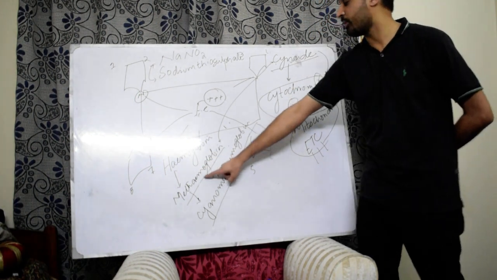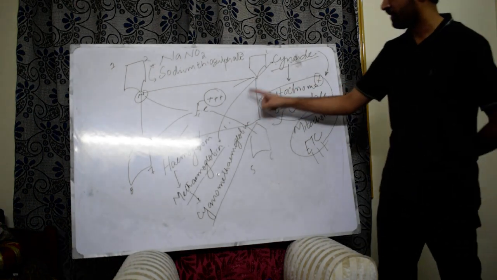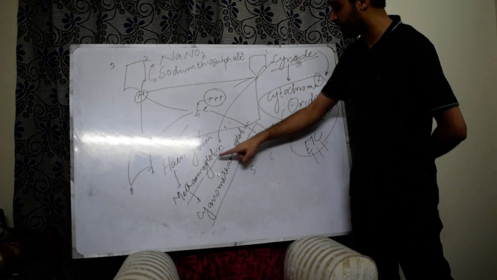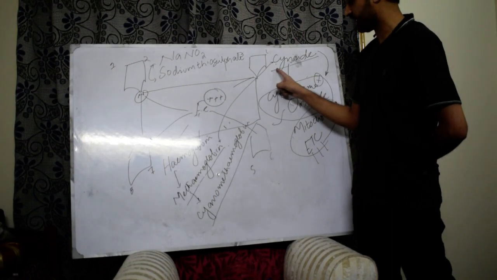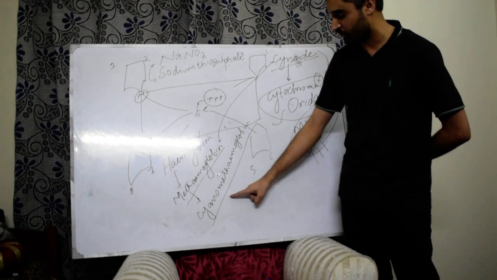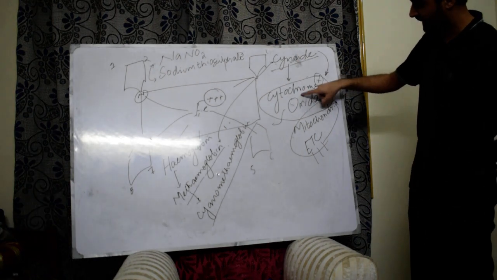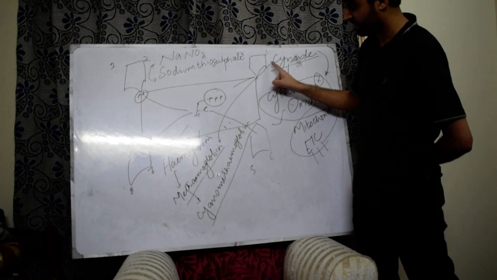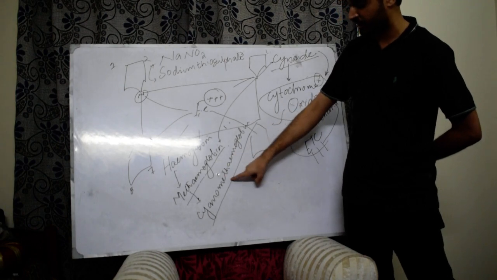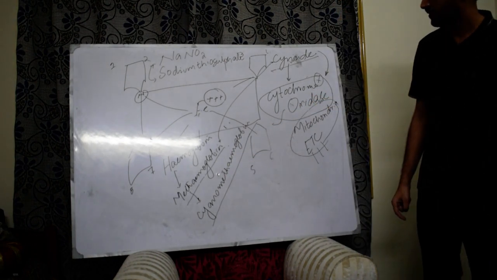What is methemoglobin? Methemoglobin is stopping the effect of the cyanide. It gets attached to cyanide and you get cyanomethemoglobin, and as a result this cyanide cannot act on cytochrome oxidase. Instead, the cyanide gets attached to methemoglobin, and you get the cyanomethemoglobin molecule.